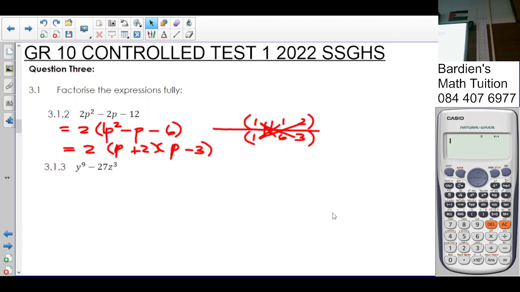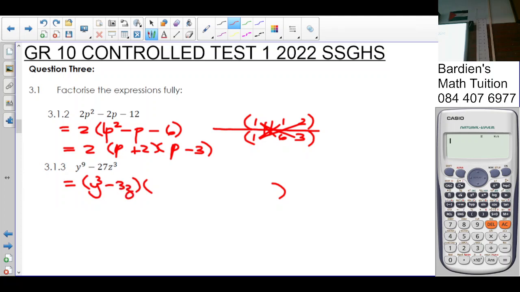3.1.3. Factorize the expression fully. What's the cube root of y to the 9? y cubed. What's the cube root of 27z cubed? 3z. So this is definitely the difference of cubes. So it's going to be y cubed minus 3z.